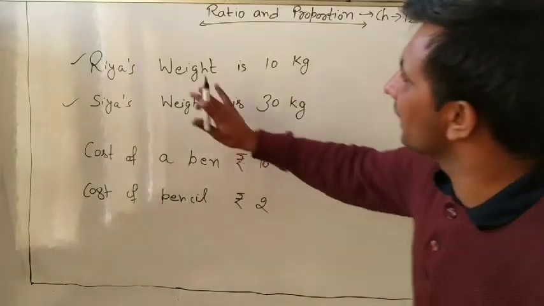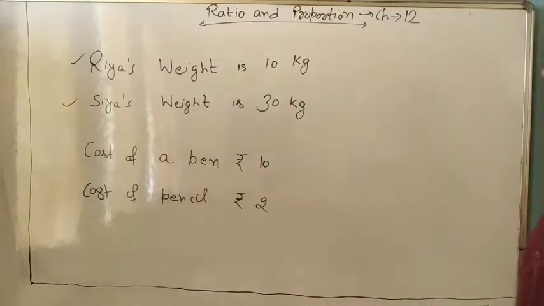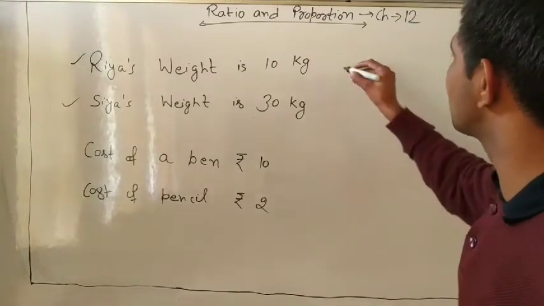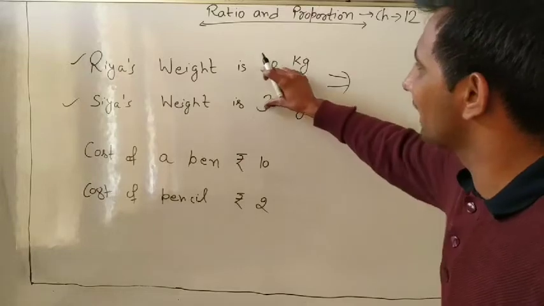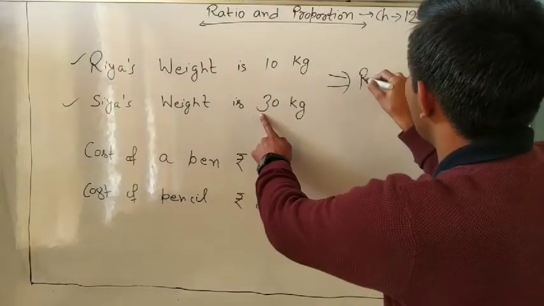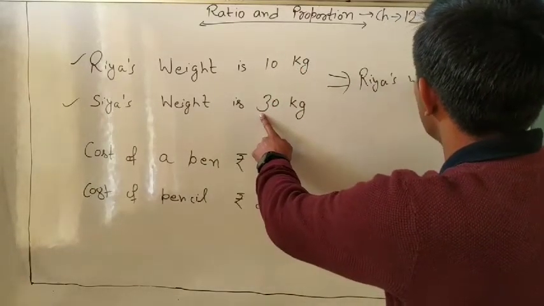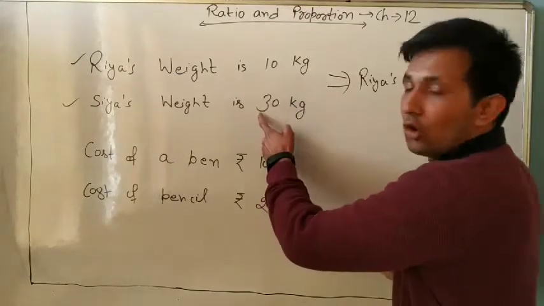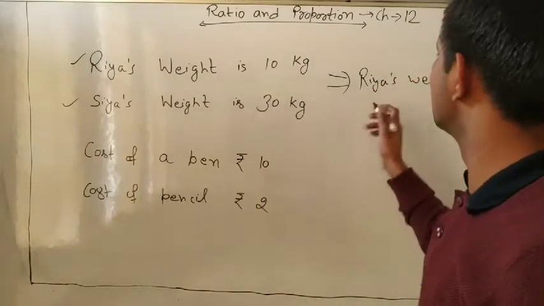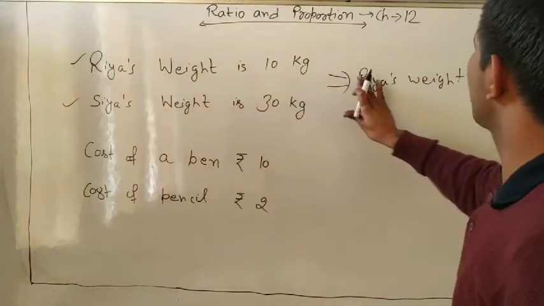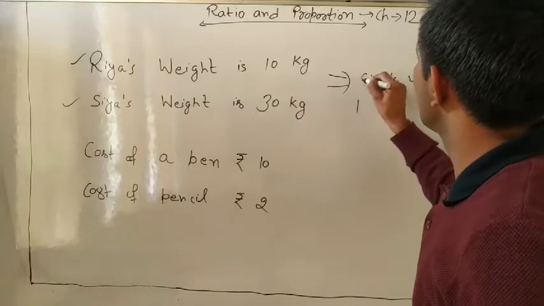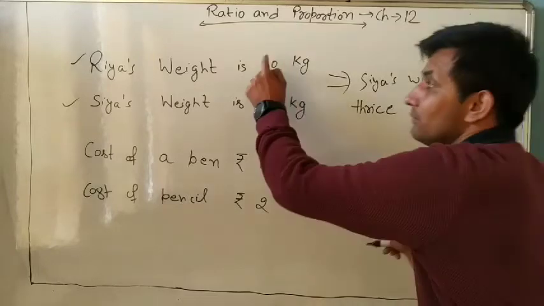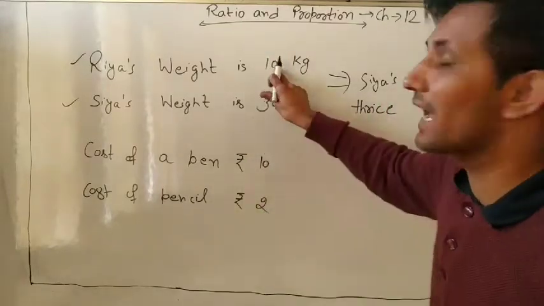Suppose like this one, Ria's weight is 10 kg, Sia's weight is 30 kg. So what can you say? We can conclude from these two statements that Sia's weight is thrice, 10 into 3.